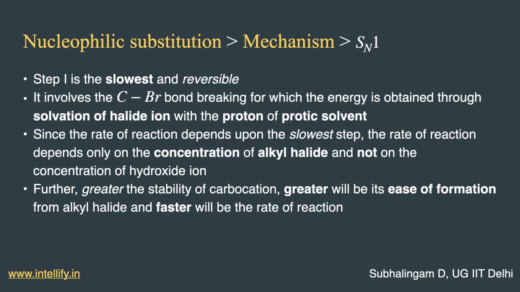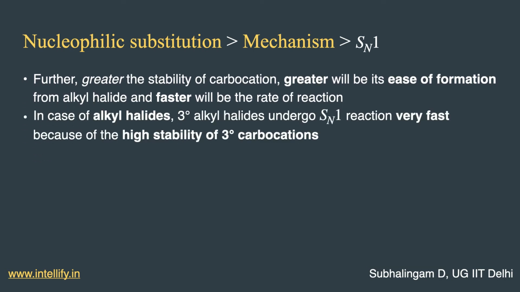So let me put what I have said in the video. In case of alkyl halides, tertiary alkyl halides undergo SN1 reactions very fast because of high stability of tertiary carbocations. So the chart that we have is alkyl halide, that is tertiary, secondary, primary, and methyl halide.